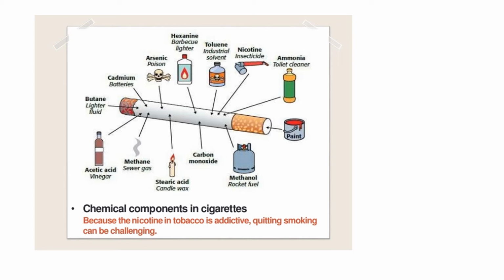Our main compound, nicotine, present in the cigarette, causes addiction, and quitting makes it challenging. Since nicotine is an addictive agent, coming out of smoking is difficult. Go through the picture and read what they are and where they are used, so you will understand what harmful effects they can have on our body.